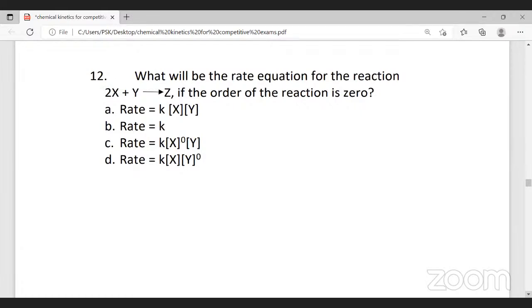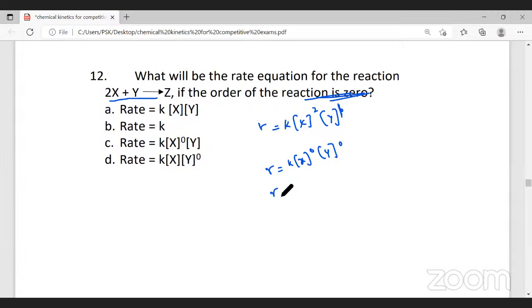If you observe this equation, we can write the rate of the reaction is equal to K into concentration of X to the power 2 into concentration of Y to the power 1, as per the equation. But they say the order of the reaction is 0. When the order is 0, what happens? Anything to the power 0 is what?